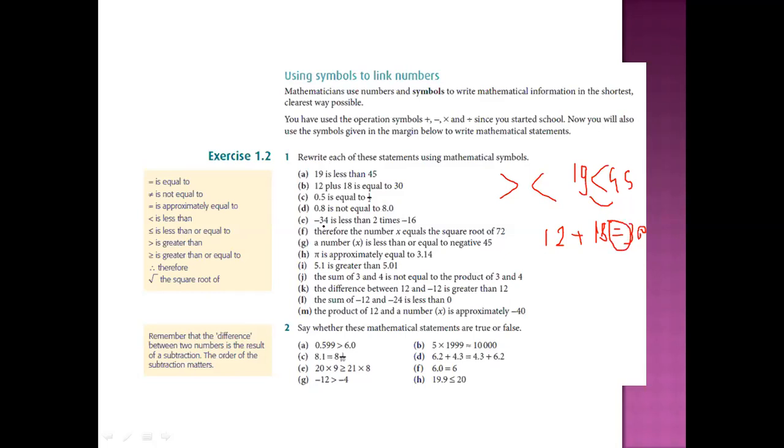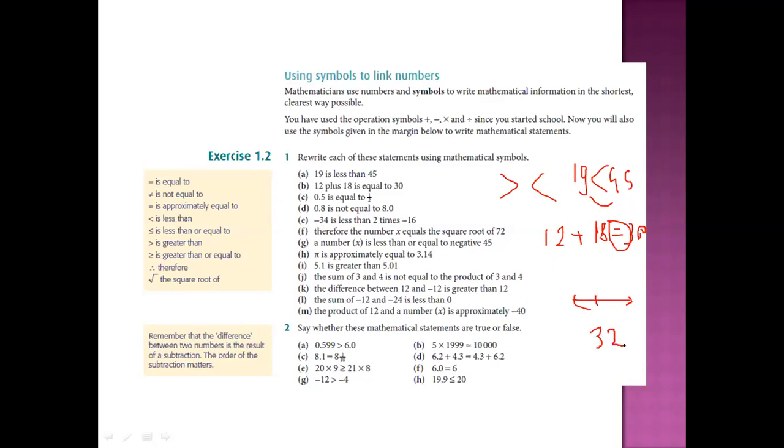And for example, option E also: negative 34 is less than 2 times minus 16. Why? Because in negatives, you know, it's the number line. First of all, we need 2 times minus 16. Minus 16 times 2 is minus 32.